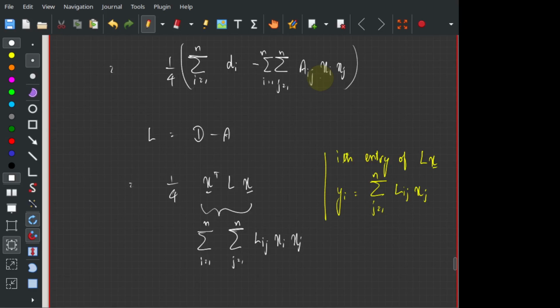Of course it may seem a lot more cumbersome, but the advantage of this formulation is that it has this nice quadratic form, x transpose times L times x for some matrix L. So the goal would be to maximize x transpose Lx over all possible vectors x which only have +1, -1 entries. That's a constraint that you need to pose.